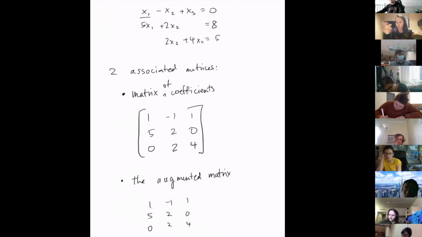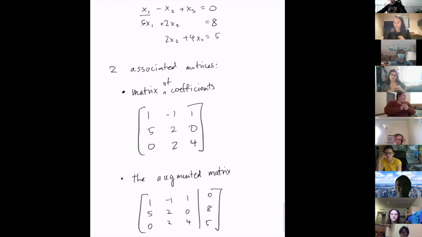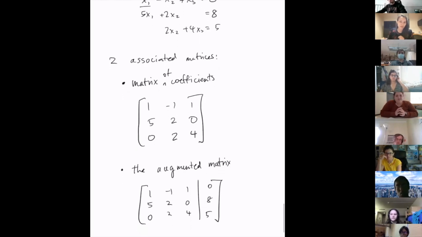Just to keep those separate in our minds, we'll draw a vertical line and then write in those constants there. So this is our augmented matrix. I will say that in the book, I don't think they draw the vertical line, but I will in class, just because I think it helps visualize what's going on. Just so you're aware of that.